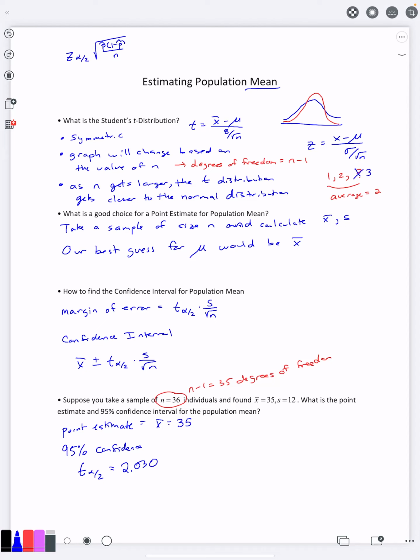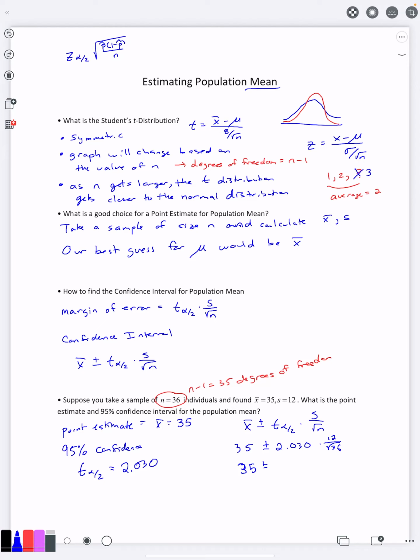Now that I have those, I can put it in my formula. x bar plus or minus t alpha over 2 times s over root n. So 35 plus or minus 2.030 times s, which is 12, over the square root of 36. 12 divided by the square root of 36 is 12 divided by 6, which is 2.